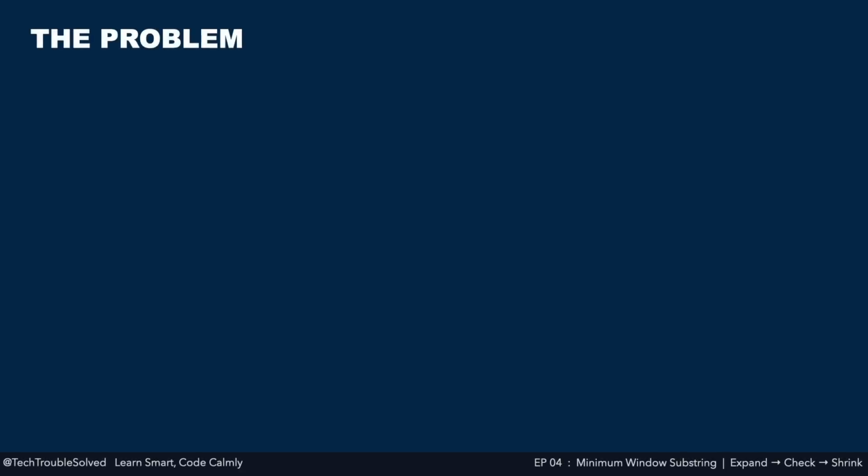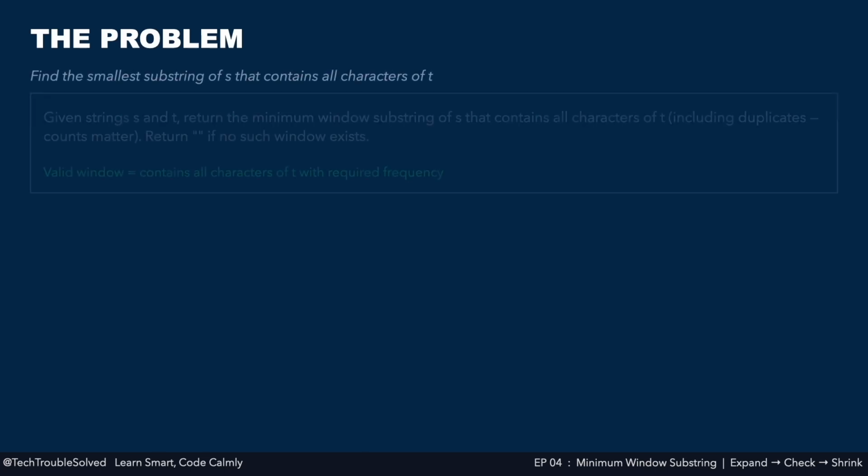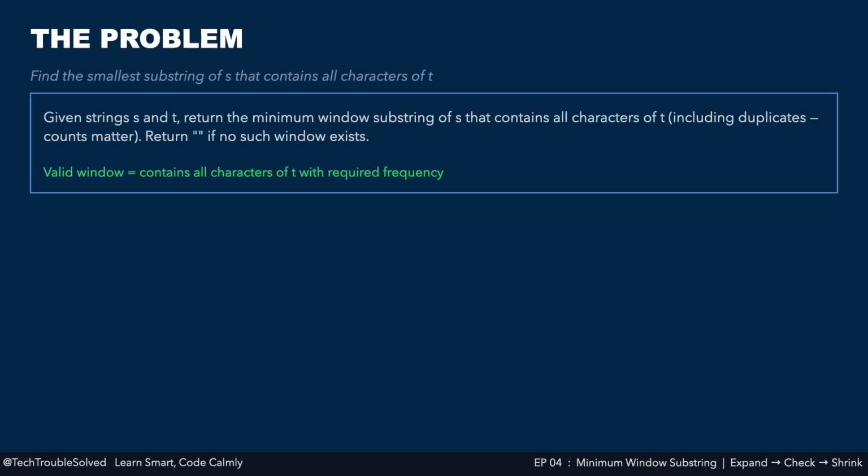Okay, let's get the problem statement airtight. Given strings S and T, return the minimum window substring of S such that every character in T, including duplicates, is included. Return empty string if no such window exists. Two things to lock in before we move on.